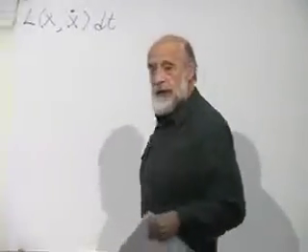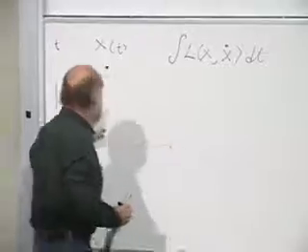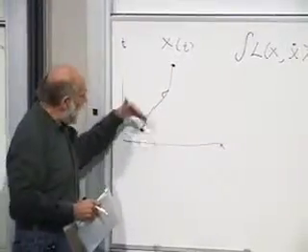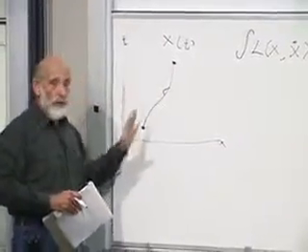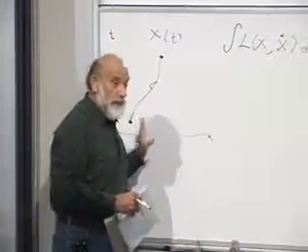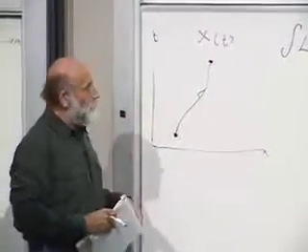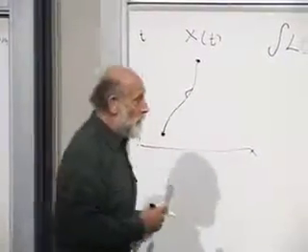Let me just remind you, when you're minimizing a quantity, for example, with respect to one variable, only one variable now. In this context, we're minimizing with respect to an infinite number of variables. The infinite number of variables are all the positions along the entire trajectory. So it's a very complicated problem of minimization.